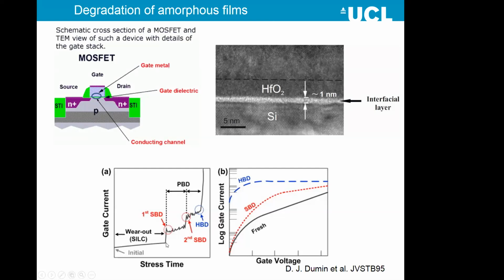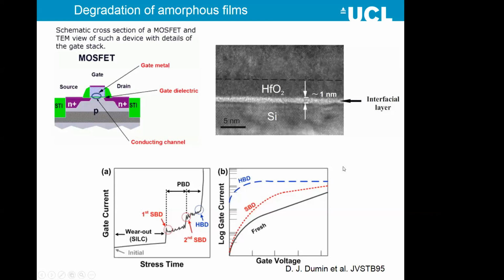And this is what you want to avoid. Initially it is what is shown at the bottom as wear out, but then you start seeing high current, which is called soft breakdown. And then you can see even higher current, on the right, which is hard breakdown. At that moment, the device basically breaks, and so your computer stops working, and that is bad.